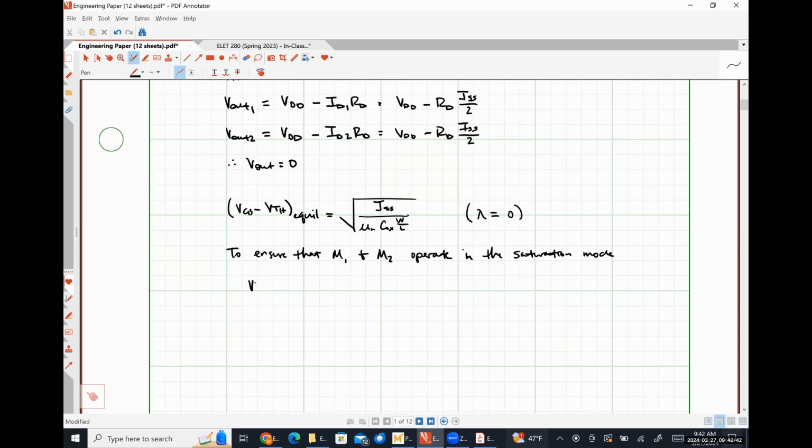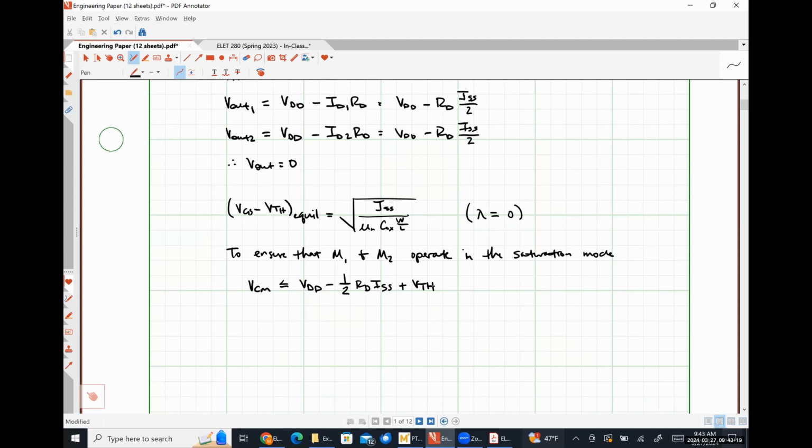So our common mode signal VCM will need to be less than or equal to VDD minus half RD times ISS plus a threshold voltage. Any common mode voltage higher than this is actually going to drive both of our transistors into the triode region, okay? So there's a constraint as to the upper limit of what our common mode input signal can be.